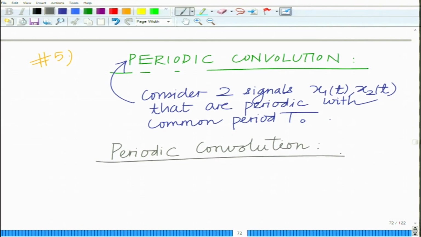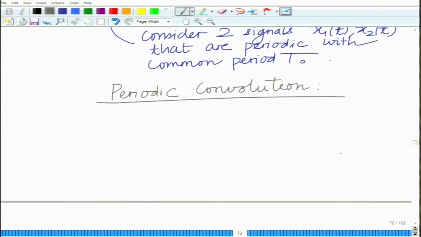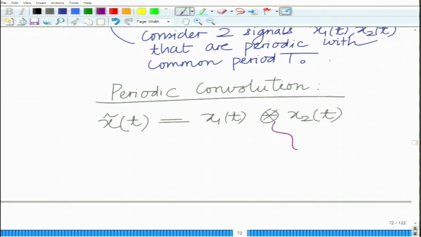The periodic convolution of these two signals with a common period t naught is x tilde t equals x1 t convolved with x2 t, and this is the symbol for this periodic convolution.